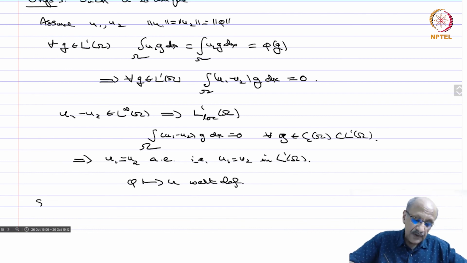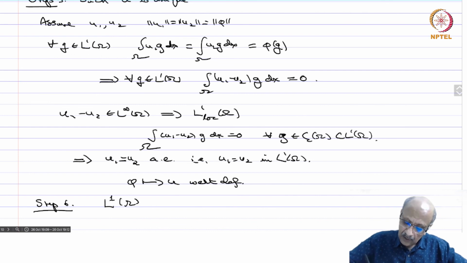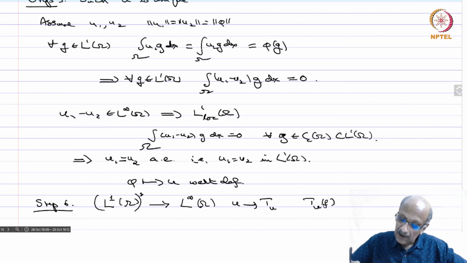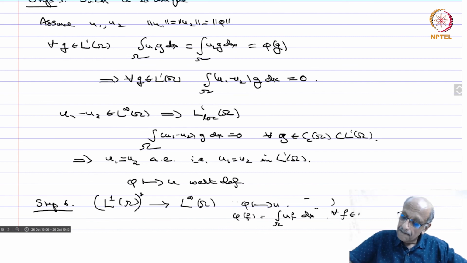Okay, so step 6. So you take from L1 of omega star to L infinity of omega, phi going to u, let's say T, where phi of f equals integral on omega u f dx, for all f in L1.